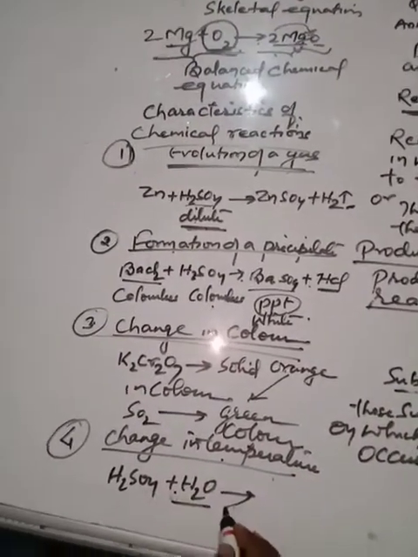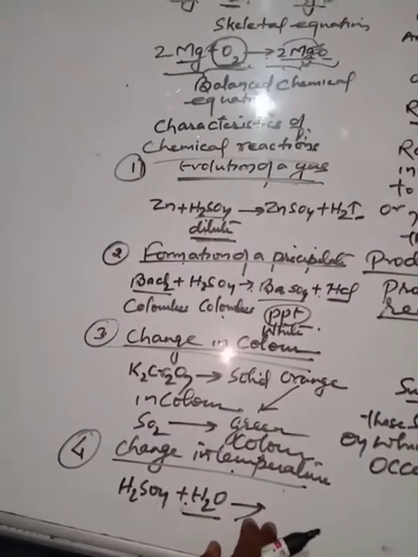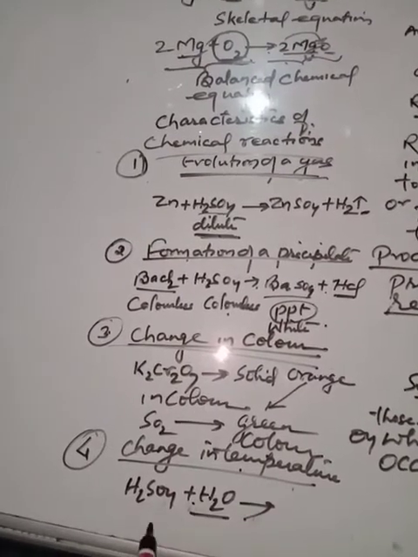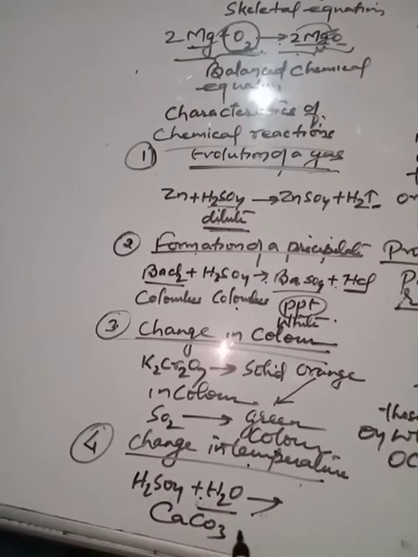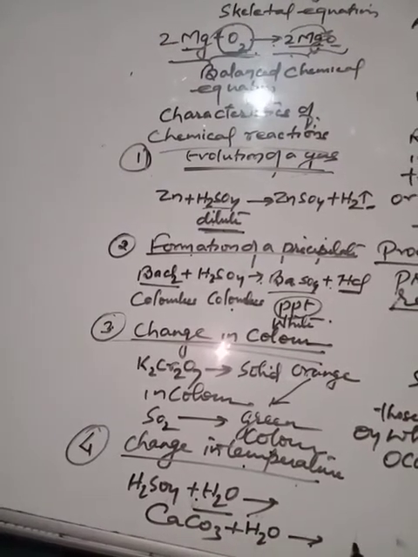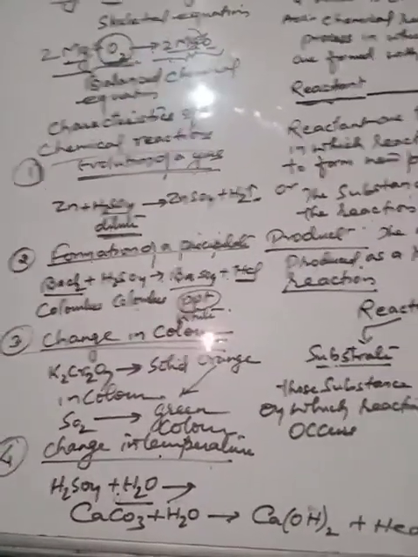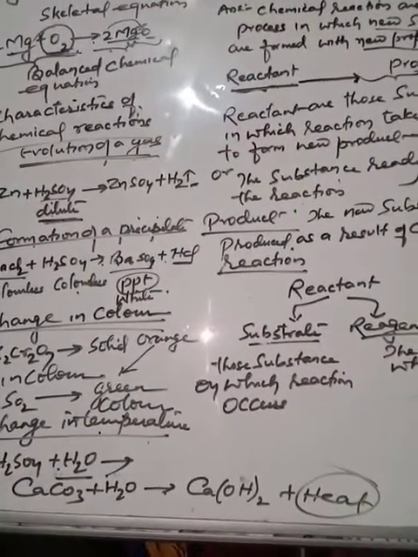It means energy is being released. Now this can be understood with the example of quicklime, CaO: if we add water to it, it will form slaked lime with the liberation of heat. So the reaction is exothermic in nature.